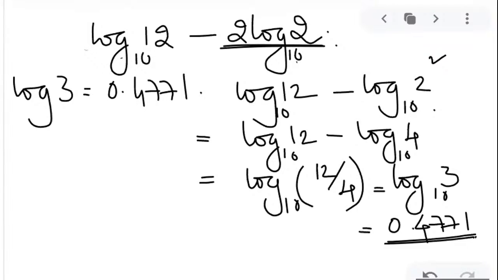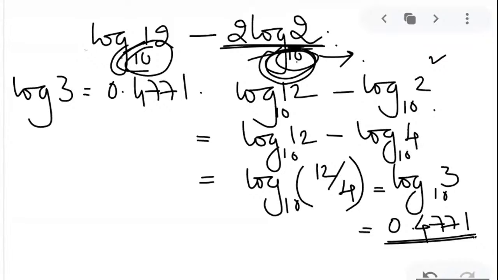Ma'am, is it compulsory to put the 10 there? In the logarithm base, while calculating, if I'm not giving anything, it means that this 10 is irrelevant, as in it's a given that it is 10. But moving forward from the next problem, you'll see that my base will be changing, and we'll have one more method to solve it, to make this into a standardized base while doing calculations.